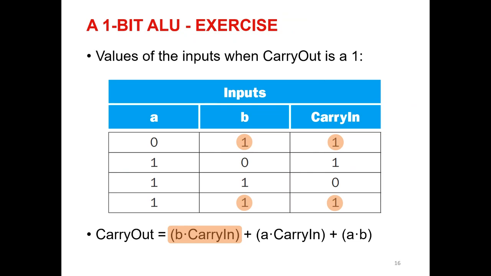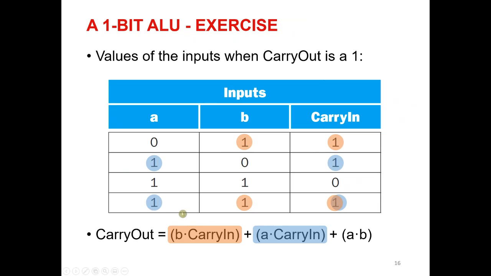The carry out will be also in this case 1, okay, regardless of A. So if B and carry in are 1, regardless of A, if it is 0 or 1, it doesn't matter, it will be 1. Then we have also that the carry out will be 1 if A is 1 and carry in is 1, which is highlighted here in blue.